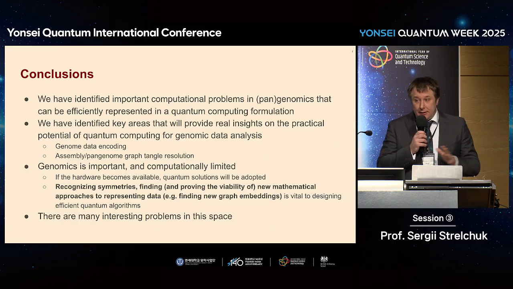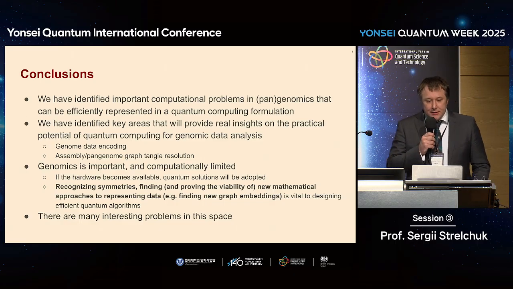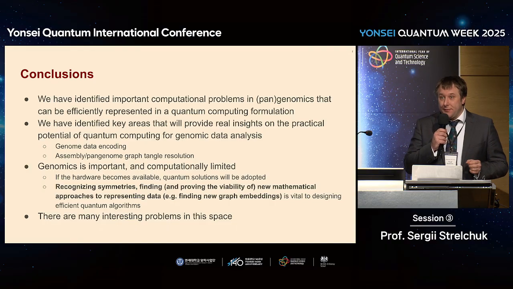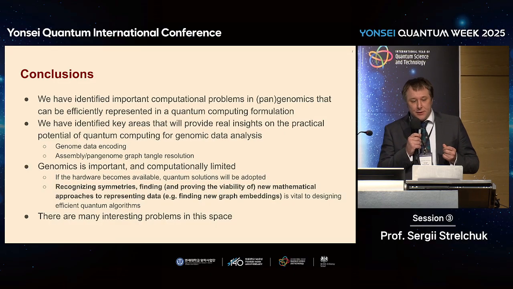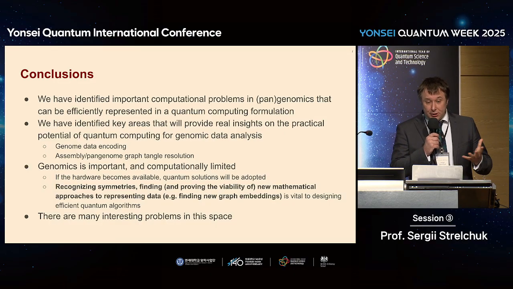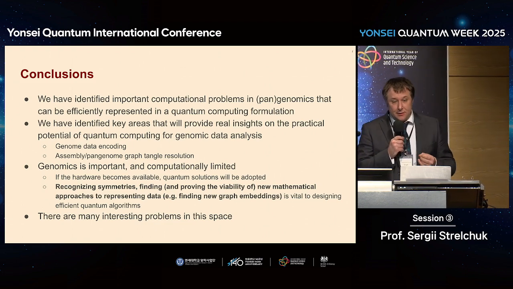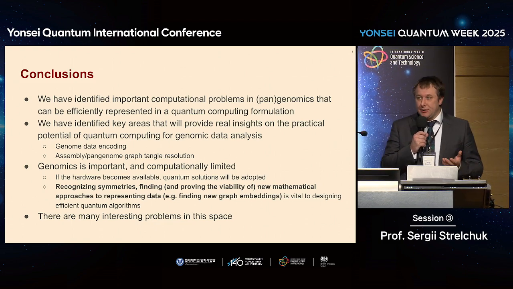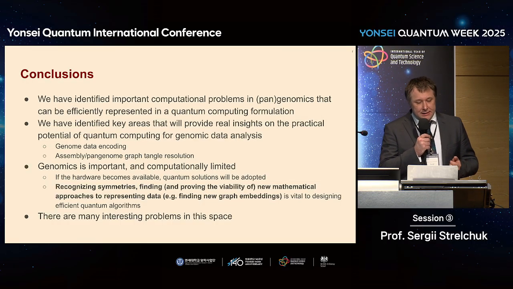I have just a bit over a minute left, and I'd like to leave you with some conclusions. Throughout this journey that is still ongoing, we've identified a number of interesting computationally intensive problems in pangenomics that can be efficiently represented in a quantum computing formulation. We've also identified several areas that will provide key insights on the practical potential of quantum computing for genomic and pangenomic data analysis.